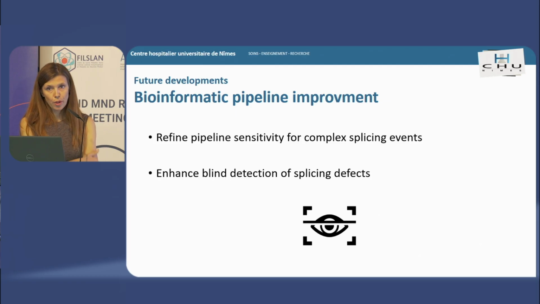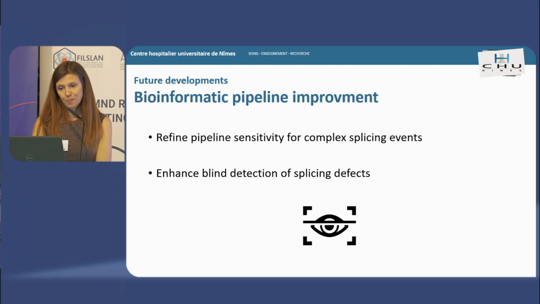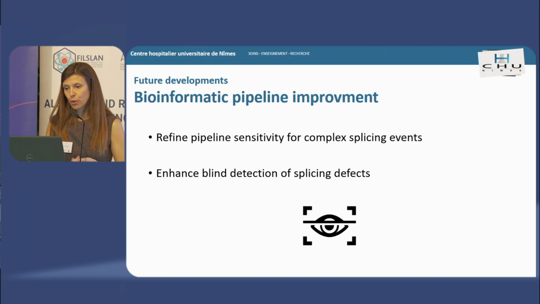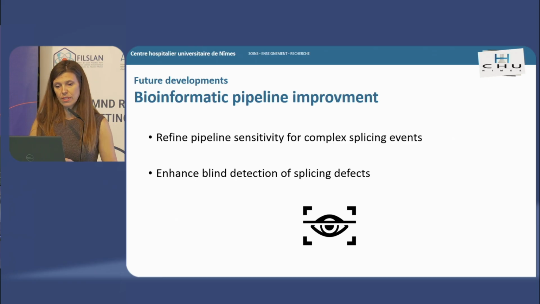Future developments are mainly the improvement of bioinformatic pipelines, because for now some splicing events are not detected. For example, intron retention is not detected by the pipeline. And also, because it's targeted RNA-Seq, quantitative defects are not well detected.